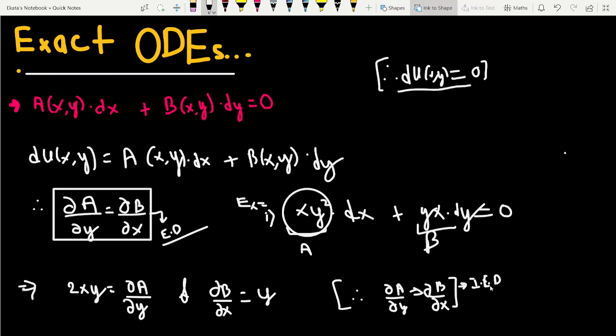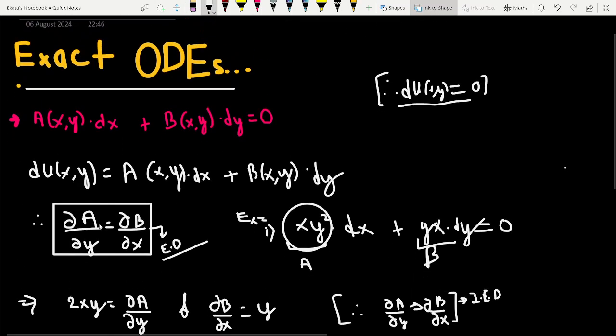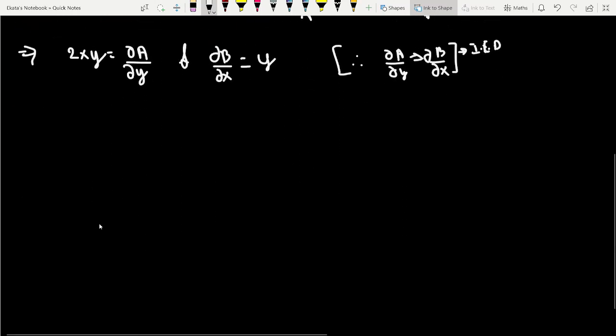So for now, let's see how we can solve the type of differential equation in which the a and b functions are equal when differentiated with respect to y and with respect to x respectively. If this condition is fulfilled, how can we find the solution?